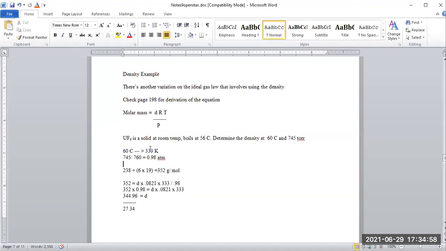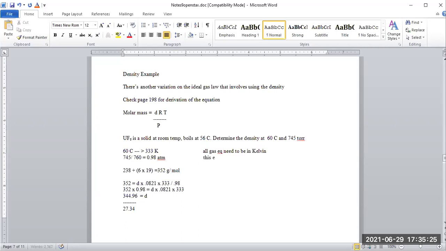All right, so some things you need to keep in mind here. The 60 Celsius follows along the lines that all gas equations need to be in Kelvin for temperatures. But this equation also bears some similarities to your ideal gas one.